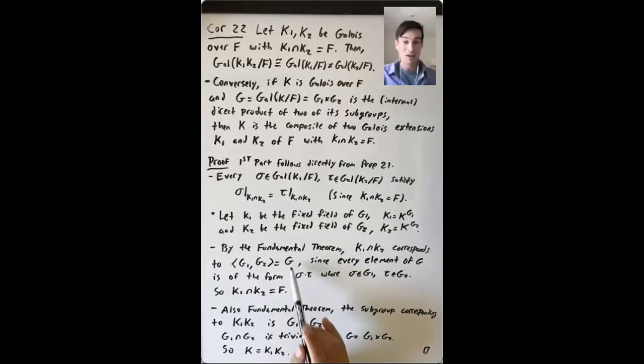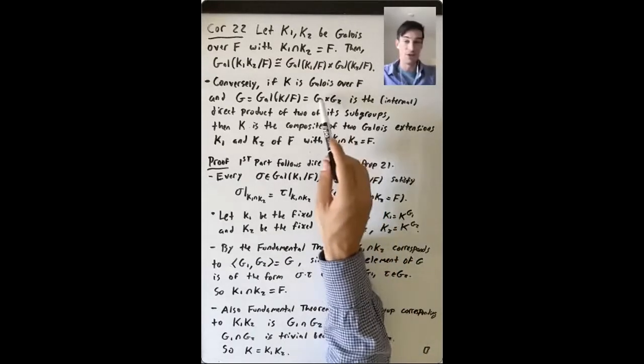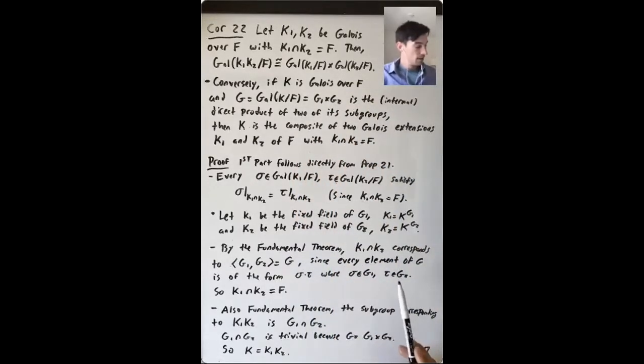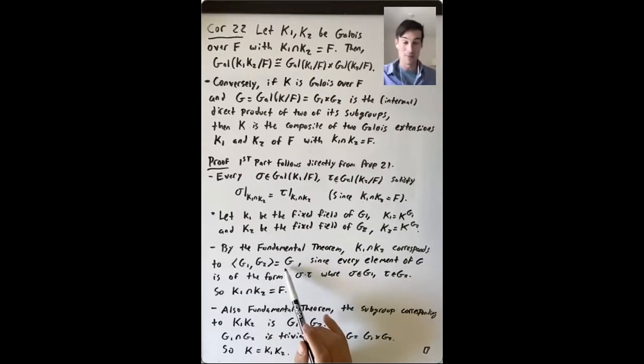But that's equal to all of G because every element of G is of the form something in G1 times something in G2. Why? Because G is a direct product of G1 and G2. So everything in G is something in G1 times something in G2. Okay, so what does that mean? K1 intersect K2 corresponds to G, the whole Galois group, under the Galois correspondence. But we already know what field corresponds to the entire Galois group under the Galois correspondence. It's just F. So K1 intersect K2 has to be F.